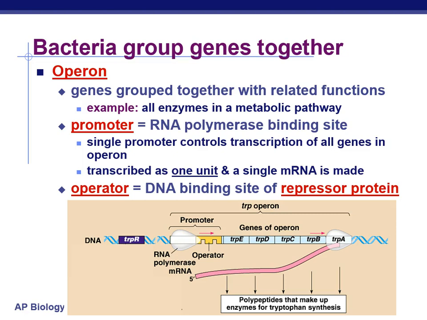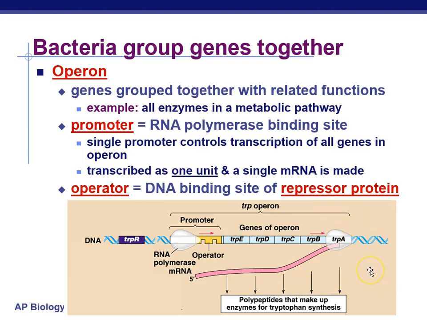So if we look at our diagram below, it is the diagram for the tryptophan operon, often nicknamed the trp or trip operon. So this whole area here belongs to the trp operon. It's just a bunch of genes grouped together with related functions.